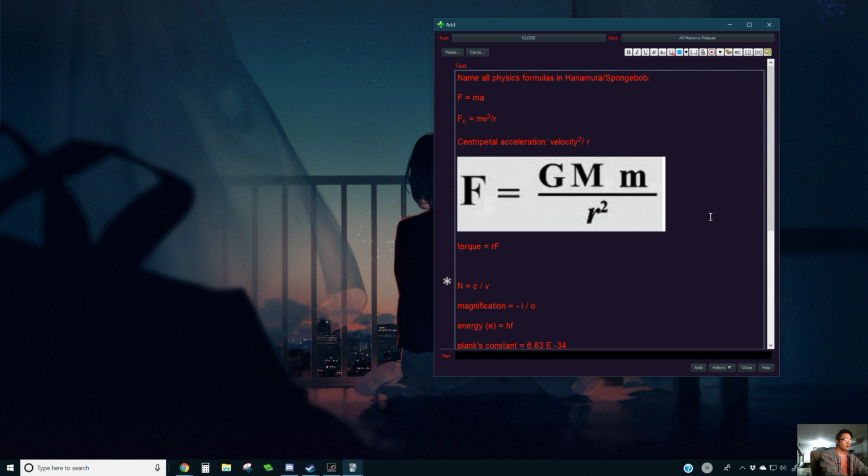After gravitational force, there's torque, and after torque, there's work, which is equal to F d cosine theta.